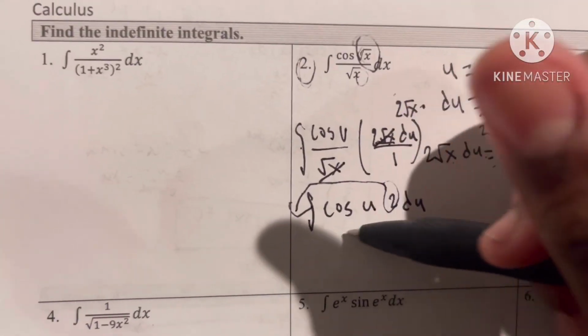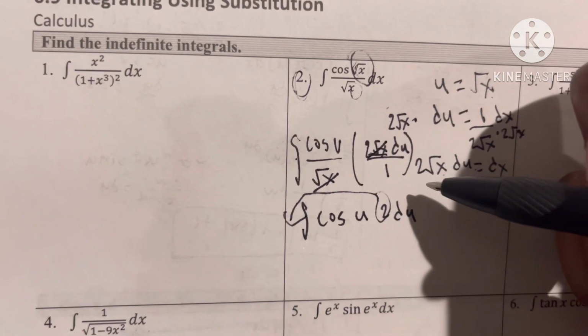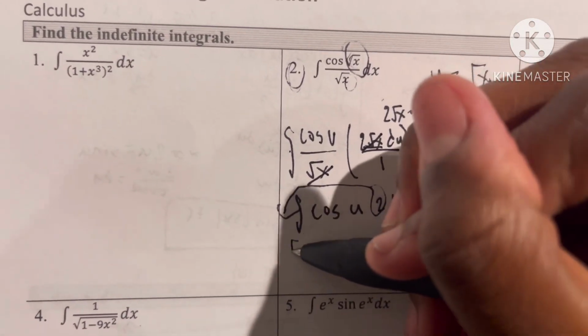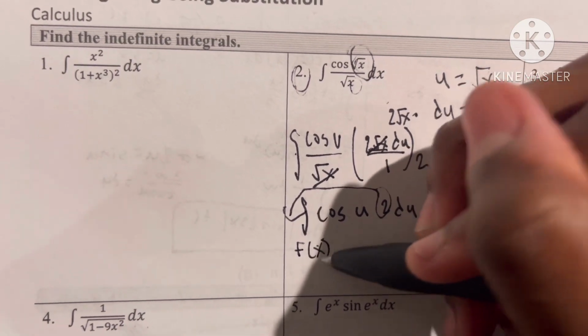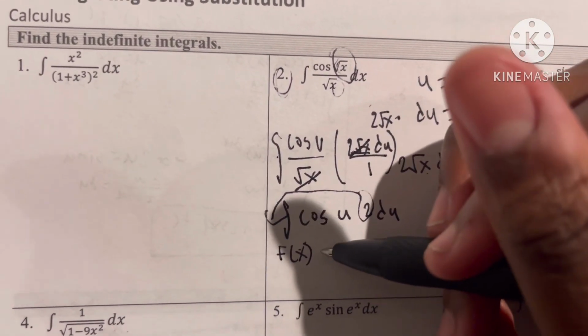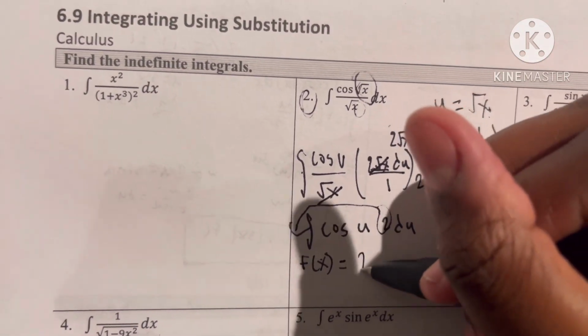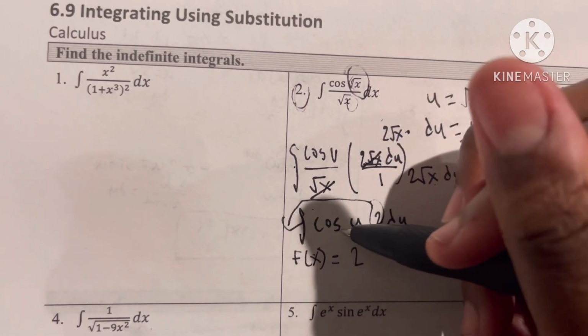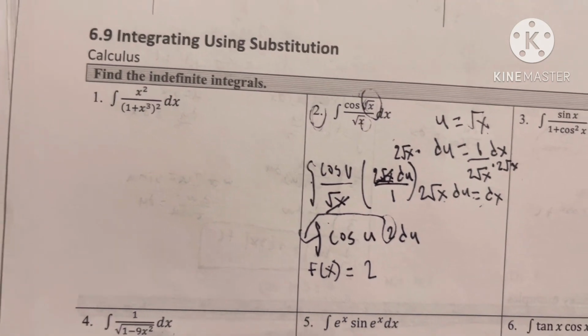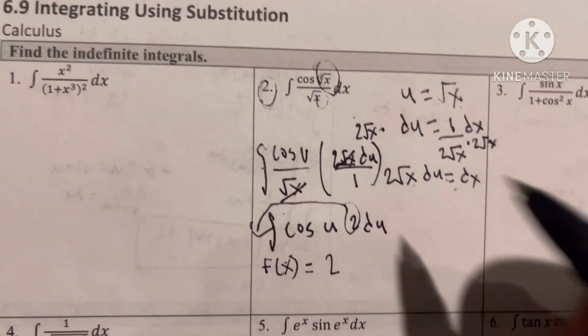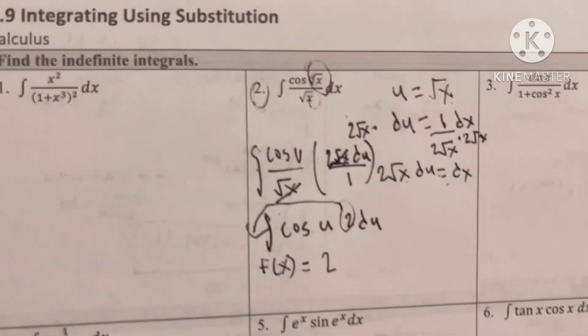So for this, now we just have to find the capital F of x, which is the antiderivative. So that would just be 2, and the derivative for cosine is sine in integrals.